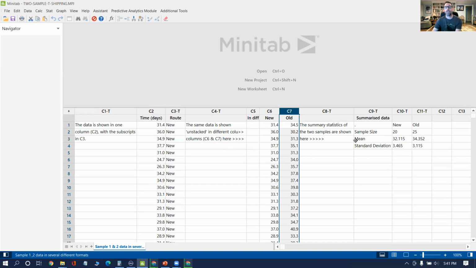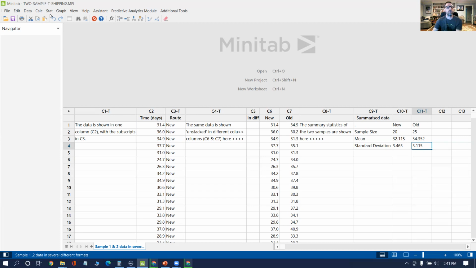Then over here, it's giving me summarized data. It's showing me how large the sample size is for the new and the old routes, what the mean is for the new route versus the mean for the old route, and what the standard deviation is. We're going to start real basic, and just use the data in columns C2 and C3.